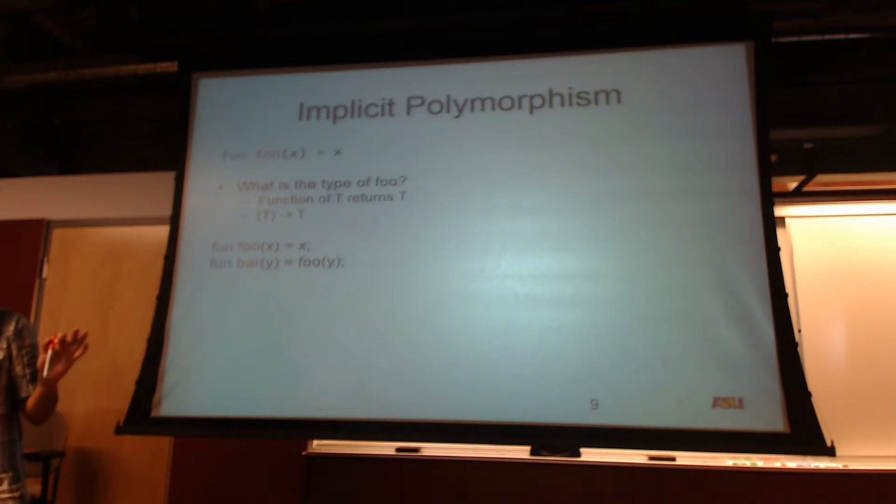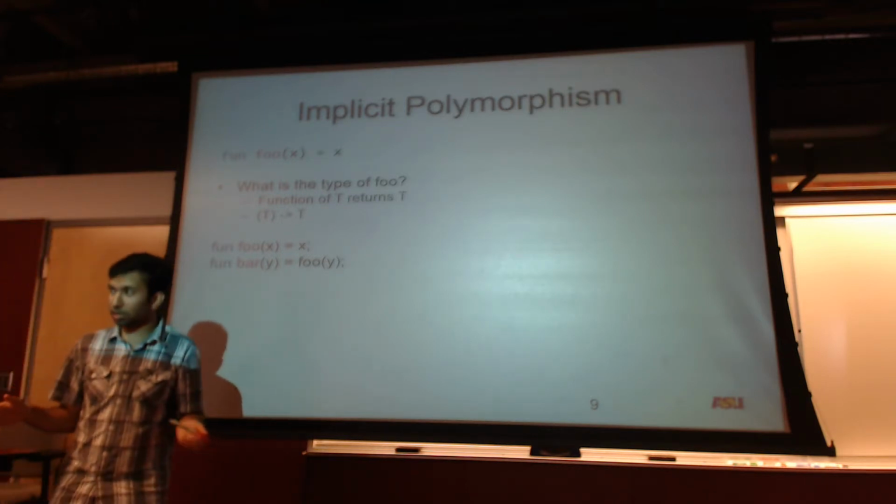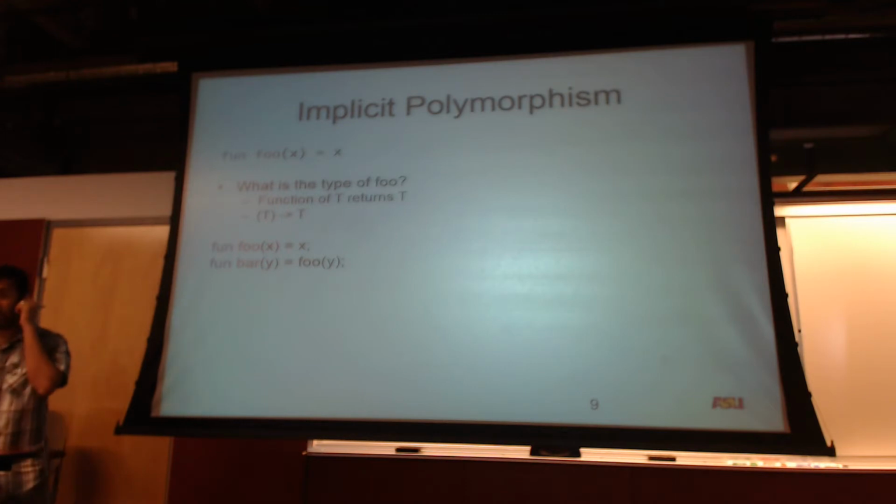First of all, in order to give a generic type to bar, we need to identify the type of its input argument. So what is the type of y? What type can we give to y? Remember, you have the information that foo x equals x.